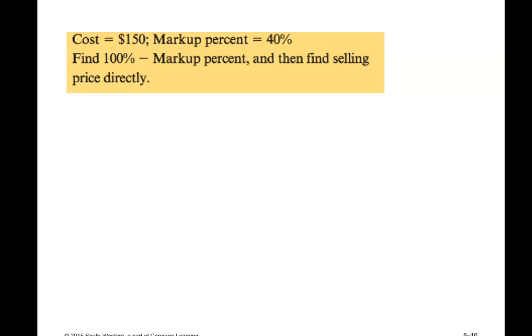Okay, and so again, we have the cost here of $150. Markup percent is 40%. The first thing we're going to do is to find 100% minus the markup percent, which is 40%. That complement is 60%.